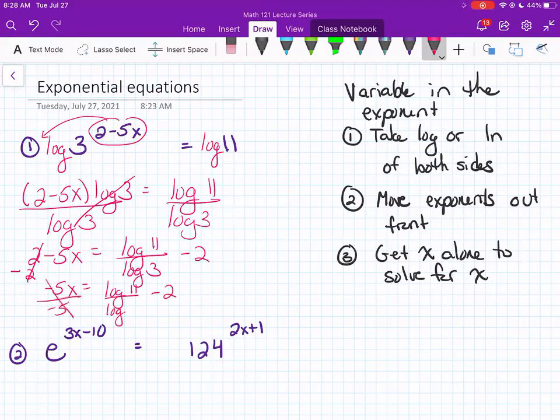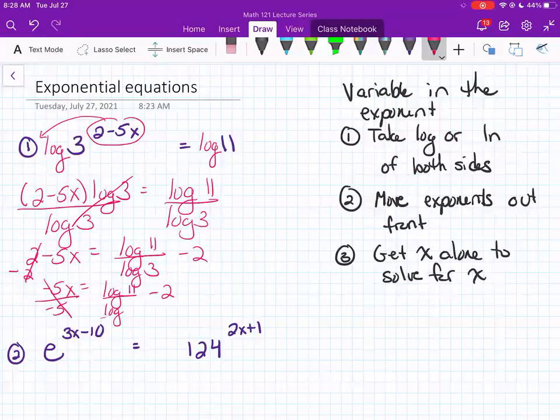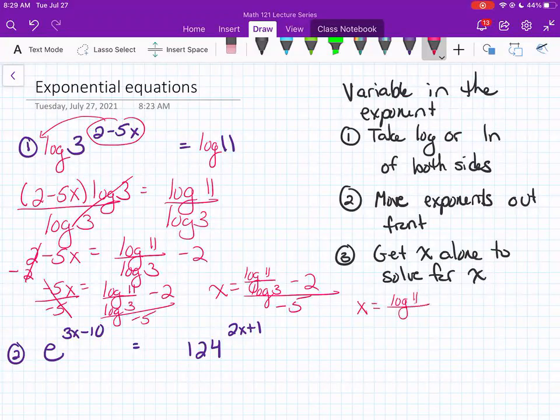And last but not least, I can divide the whole thing by negative 5. And so my final answer is x equals the log of 11 divided by the log of 3 minus 2, all over negative 5. You may see that rewritten a little more succinctly as x equals log 11 over log 3 over negative 5 plus 2/5, which is the same thing.